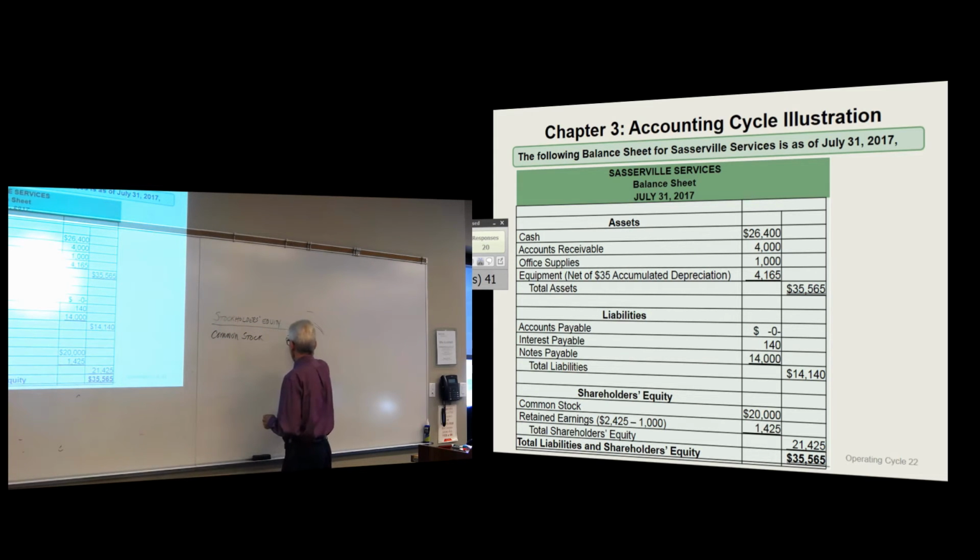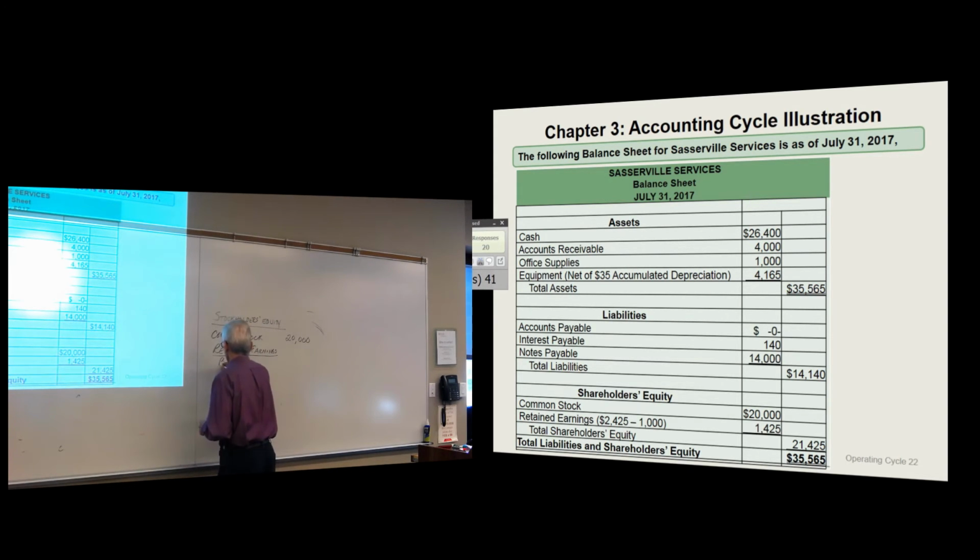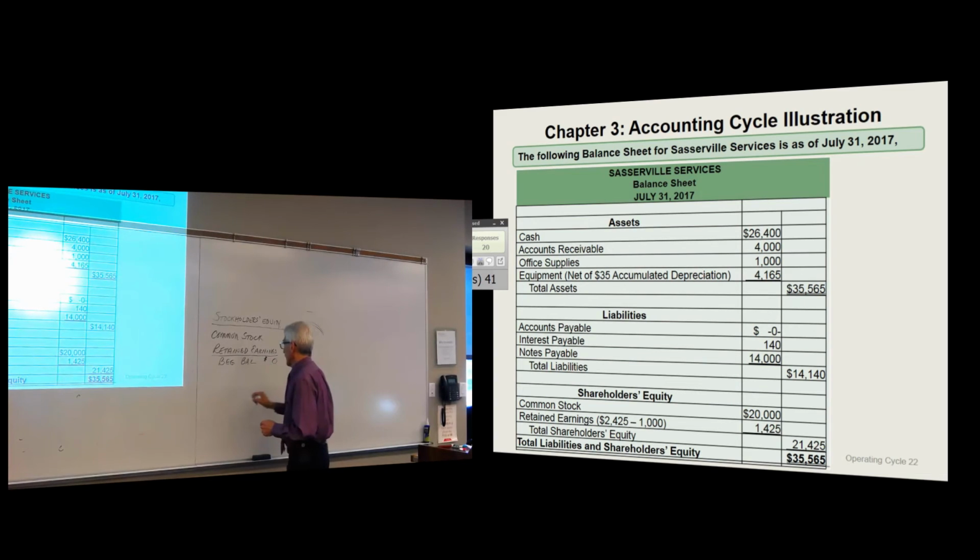common stock is 20, retained earnings. The beginning balance was 0, like we just started. The net income, and the net income had to come from the income statement. Let me put that back up on the screen.